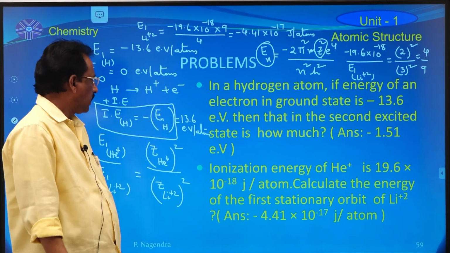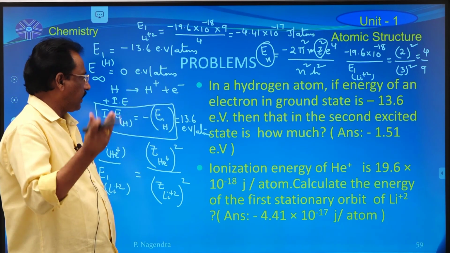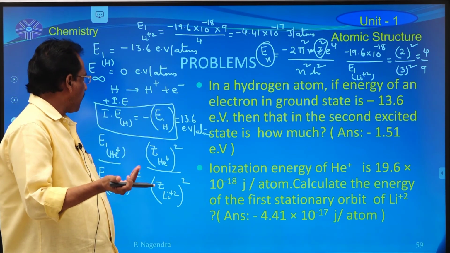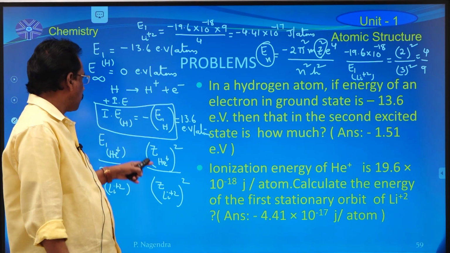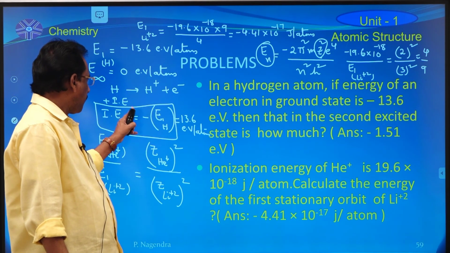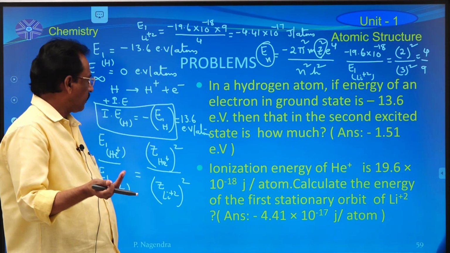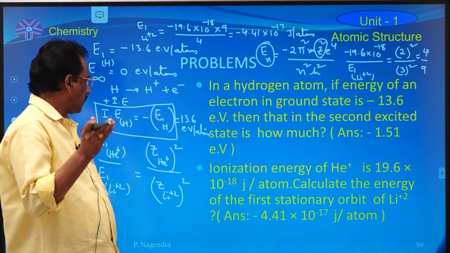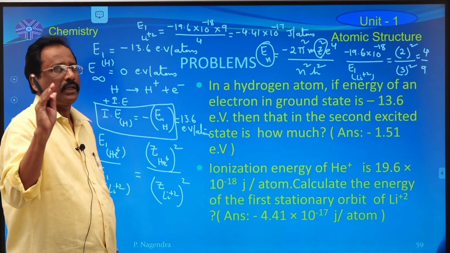That means the very important point is that the ionization energy of hydrogen atom or hydrogen like ions is equal to minus of the energy of the hydrogen atom or hydrogen like ions in the first stationary state.